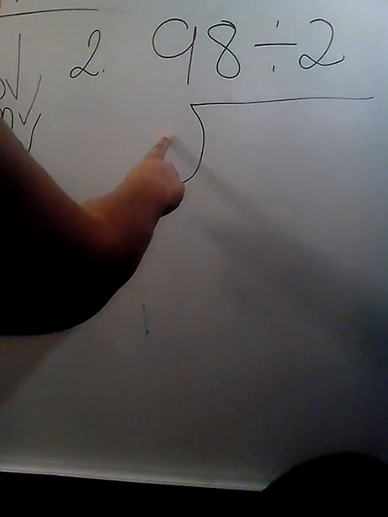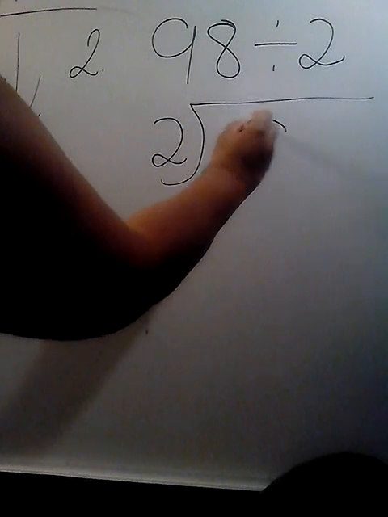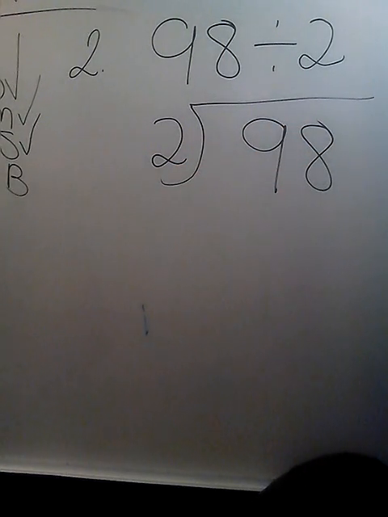When we write the long division bar, the divisor always goes on the outside. The dividend always goes on the inside. Okay. So this question, 98 divided by 2, is asking, how many groups of 2 can we get out of 98?